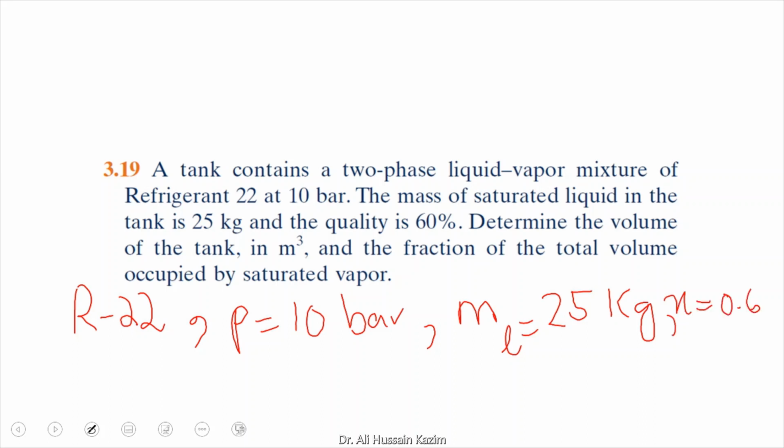So the first thing we have to find is the volume of the tank, and then we need to find the fraction of the total volume occupied.